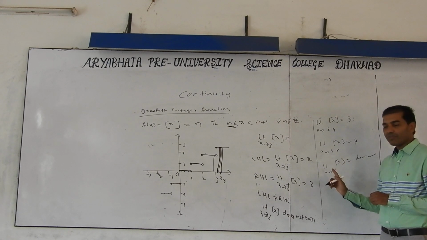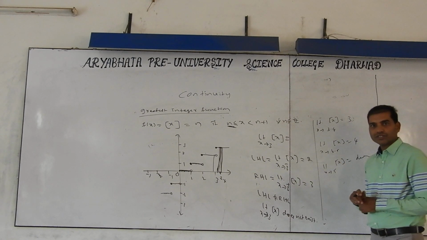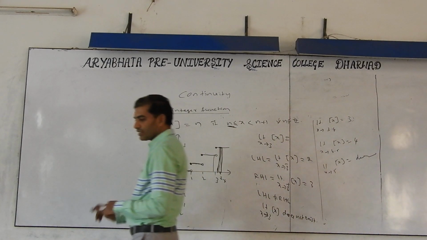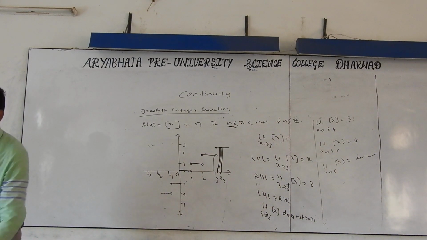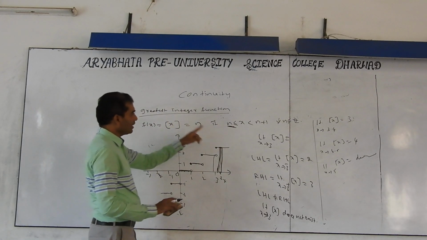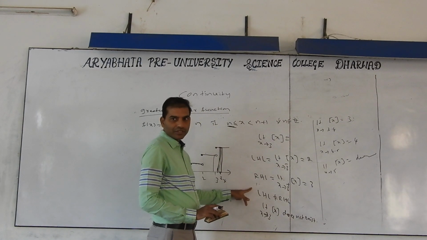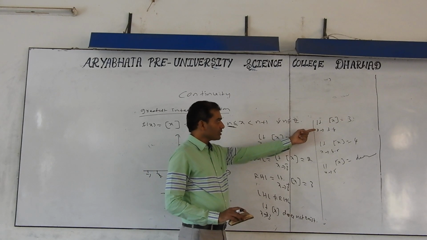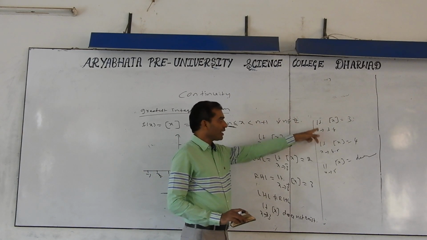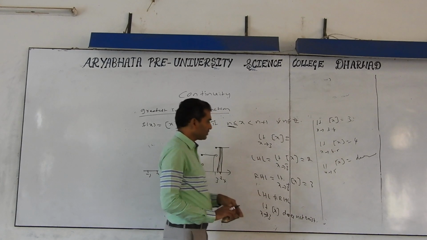So 4 is not equal to 5, and the limit does not exist. So the step function is changing at every integer. By finding the limit at an integer, you should find the left limit and right limit. If it is a non-integer, there is no change, so you can find it directly. Here there is no need to find the left limit and right limit.